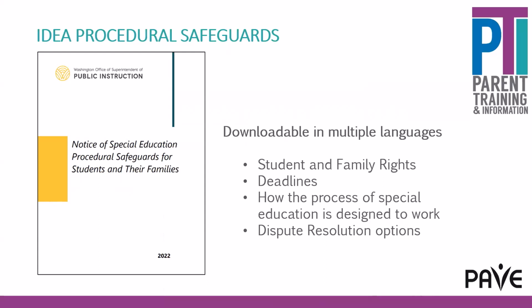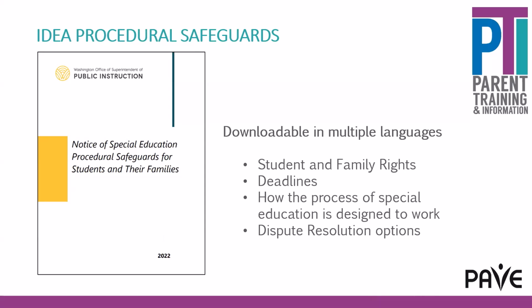The procedural safeguards describe the rights of students and families in more legal detail than what we've provided in this training video. The procedural safeguards also provide detail about deadlines the school is responsible to follow and how the process of special education evaluation is designed to work.